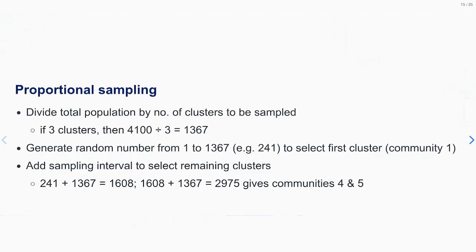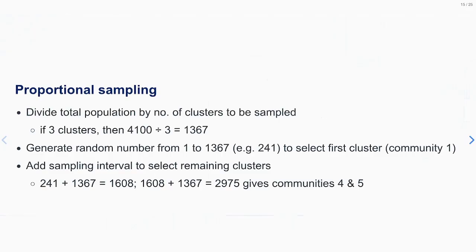How is that so? Remember, the first number we selected at random is 241. So the 241st individual belongs to community 1. The second starting point for us will be 1,608.